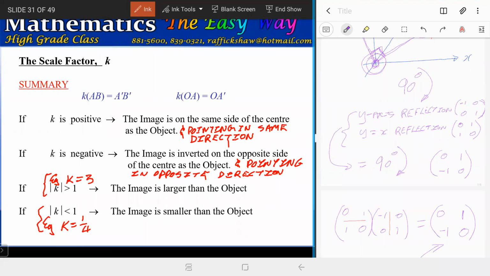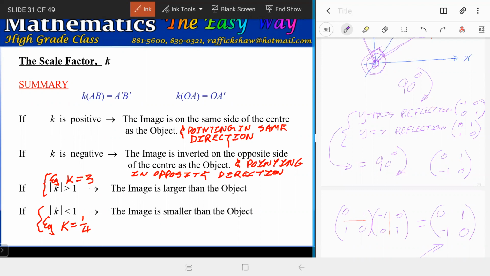The positive or negative sign affects the direction they point, and also decides whether they are both on the same side of the center or on opposite sides of the center. So there are 2 parts of a scale factor you need to consider: the value of it and also the sign of it, positive or negative.